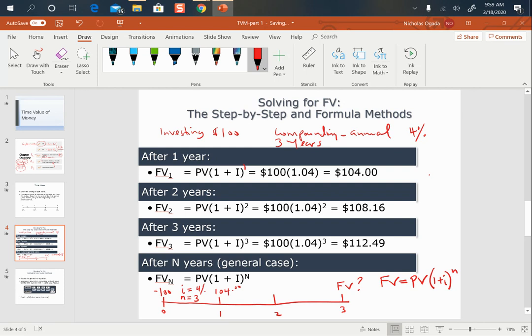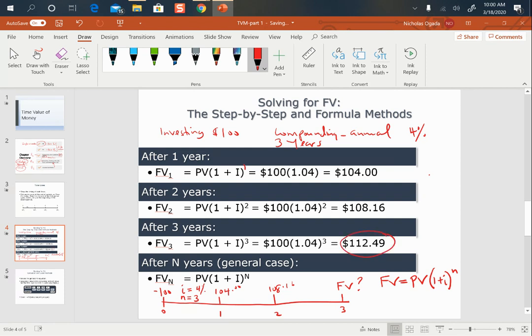Now you're investing $100 and $4 for the next year. That is the present value of 104 for another 1 year, and that will take us to 108.16 at the end of year 2. You continue investing that amount for the third year. At the end of year 3, you'll end up having 112.49.